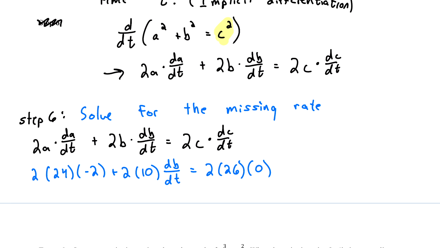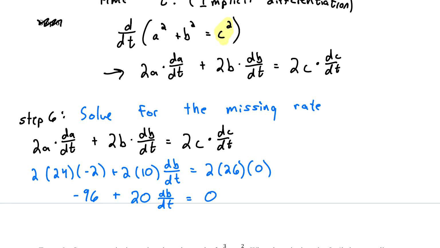Here I should have -96 plus 2 times 10, that's 20 times dB over dt. I'm going to treat this like a variable, even though it's a derivative. You can put x in its place if you want to. On the other side of my equation, 2 times 26 times 0 is just 0.